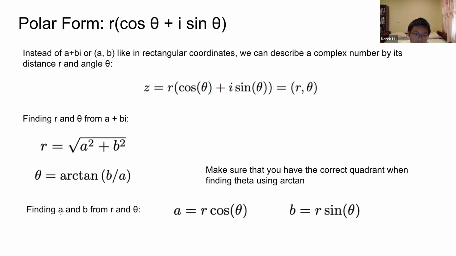And sometimes we'll also need to find the rectangular form from the polar form. So yeah, going back to this, we have theta, then we have r. Then we can just apply like the sine and cosine. Then a is equal to r cos theta here, and b is equal to r sine theta. We can see why this is true, since we have like this is a, this is b.